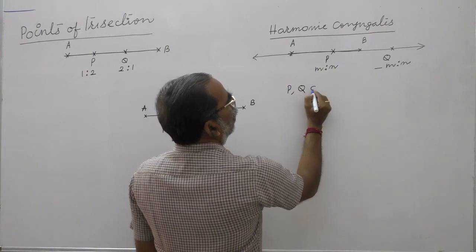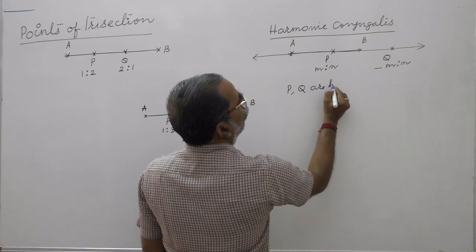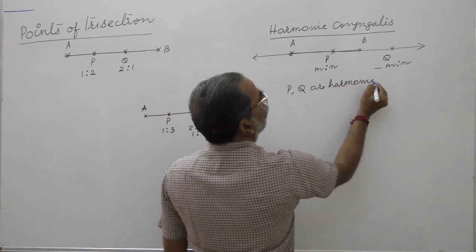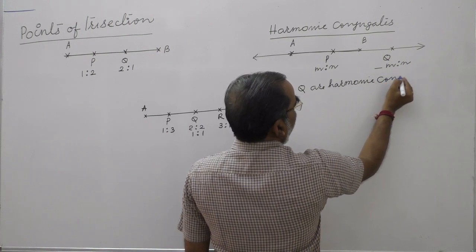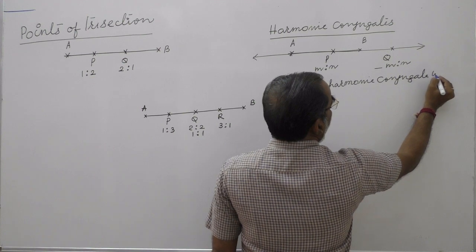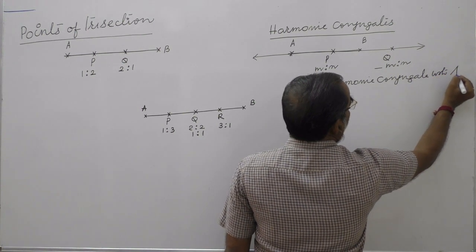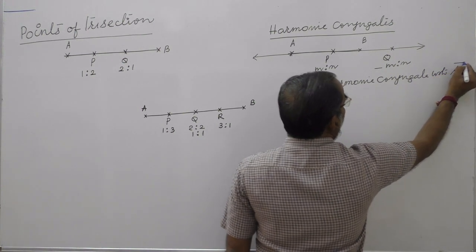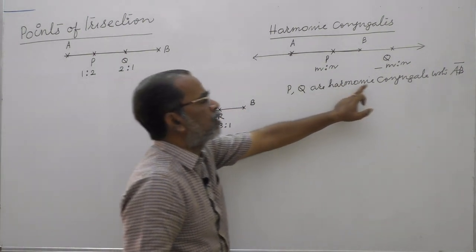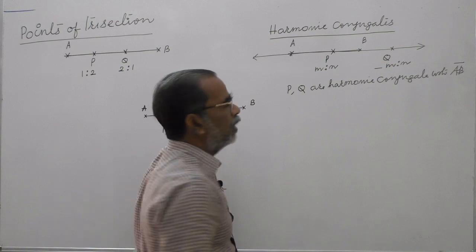P and Q are harmonic conjugates with respect to line segment AB, or simply AB points. Why has this name been given, harmonic conjugate?